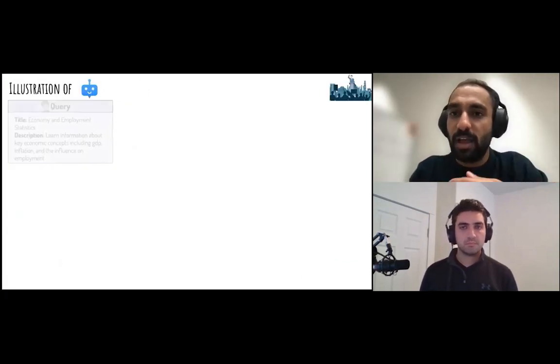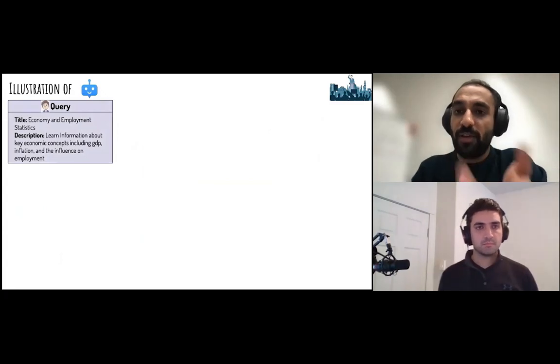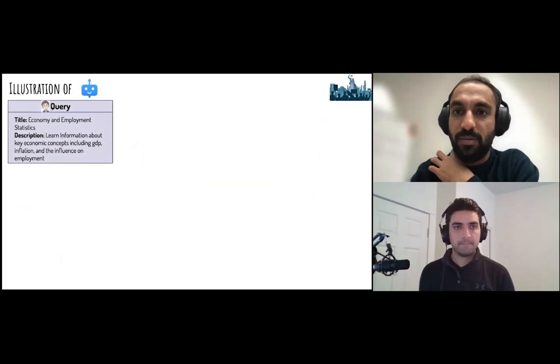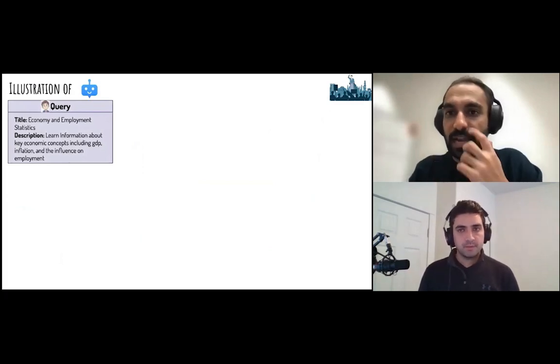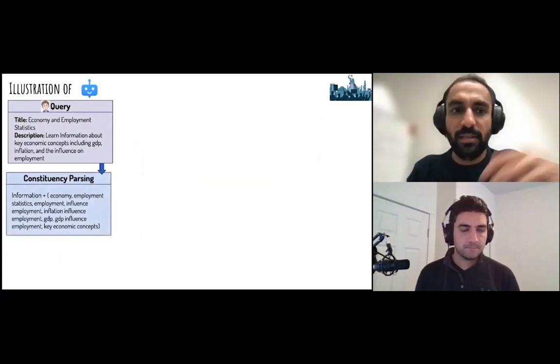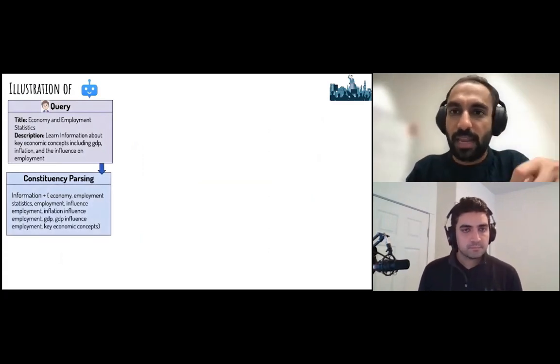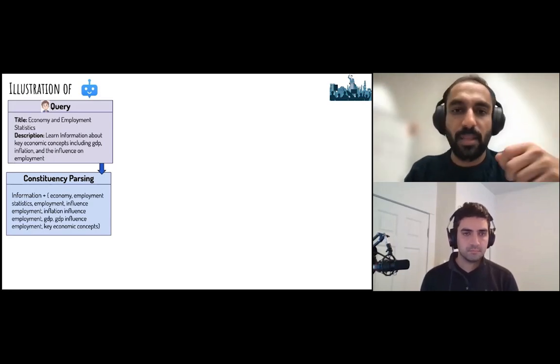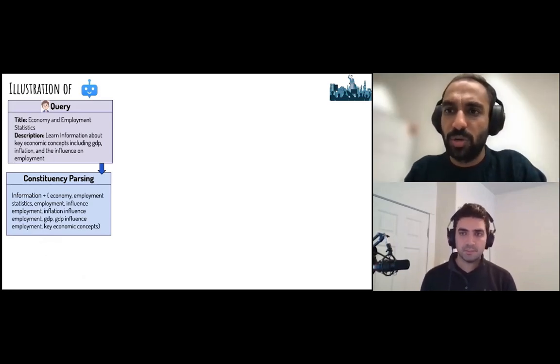Now, when you have such a graph, how do you incorporate it? That's where things become a little bit easy and straightforward. Suppose you have a query, coming from, let's say, a politics and policy background. You have a constituency parsing, and you find all the entities present in the query using a simple NLP tool.